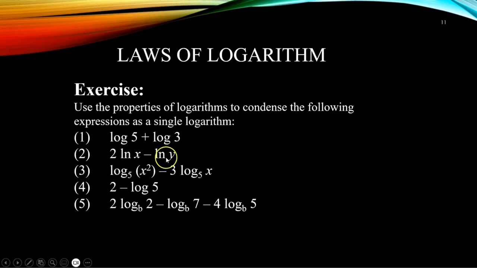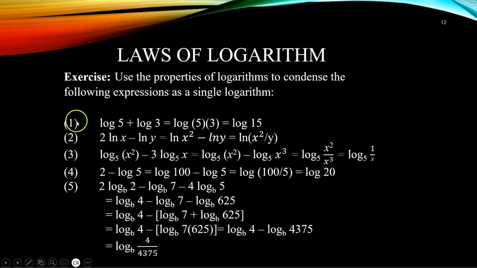Now let's go to this one, wherein what you are given is a separate term or separate terms here, and then you're asked to combine them or condense them into a single logarithm. So we use the properties, it's backwards now. For example, logarithm of 5 plus logarithm of 3, you can say logarithm of 5 times 3 or log 15.